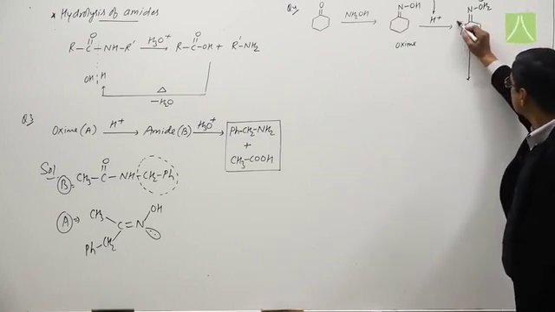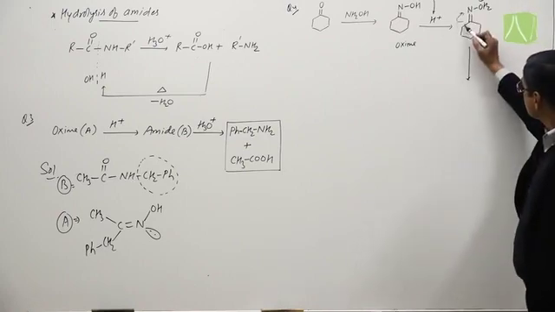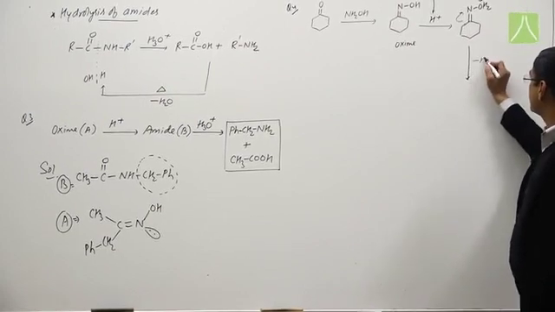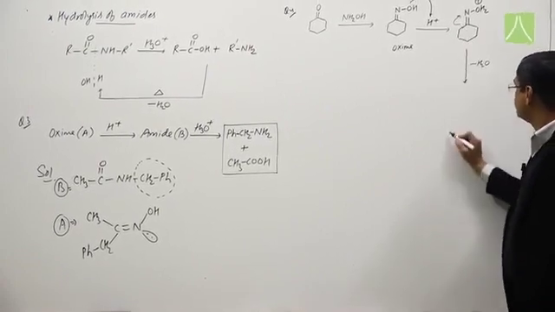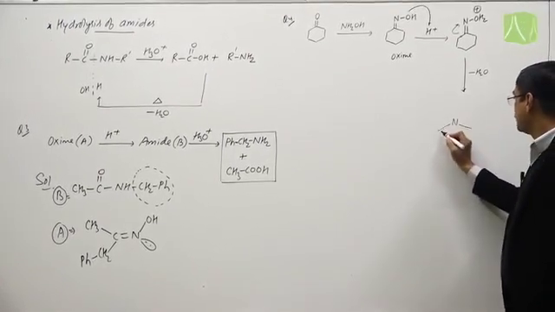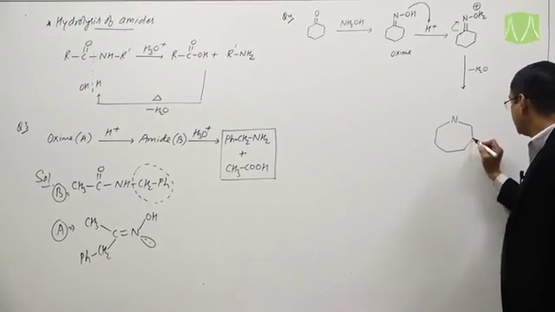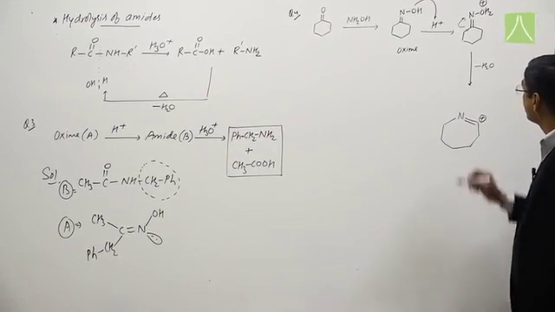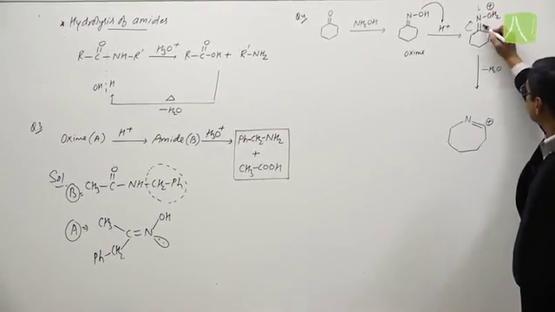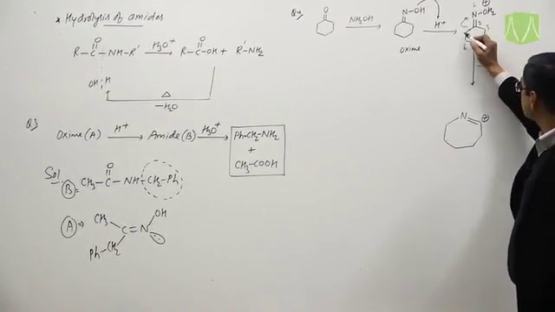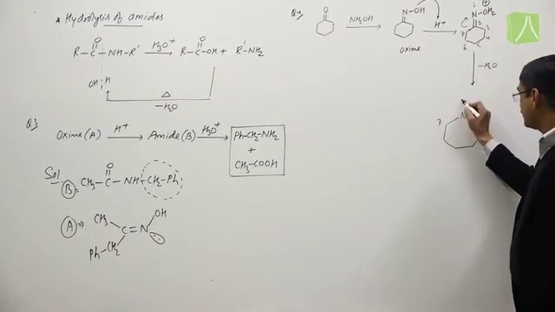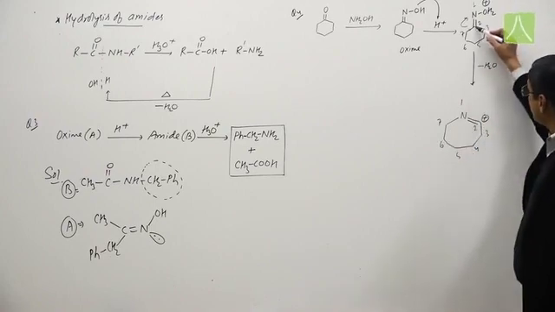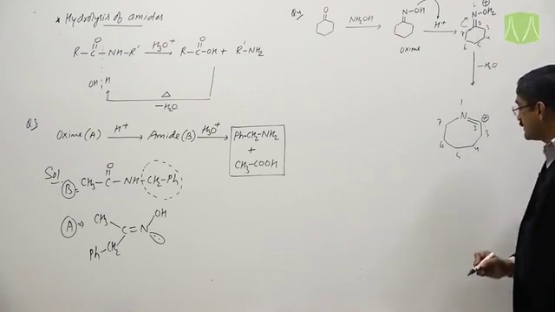When water is removed, this bond migrates, and the ring expands from 6 to 7 atoms. So a 7 membered ring is formed like this. I write the numbers, suppose 1, 2, 3, 4, 5, 6 and 7. So this is the 7th carbon, 1, 2, 3, 4, 5 and 6. The bond is removed from the second carbon, so the positive charge comes on the second carbon atom.